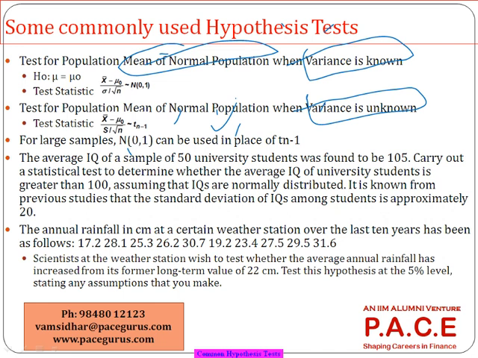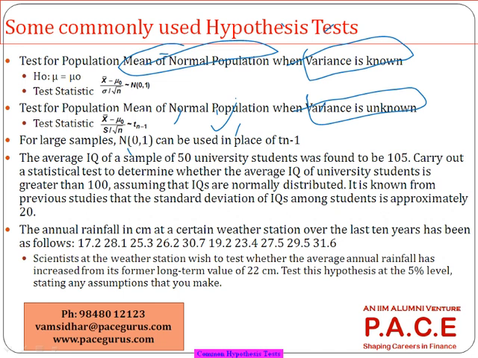So probably a simple statement if I have to make: I want to test whether the mean height of an Indian male is equal to 165 centimeters or not. So that is what I want to test. Forget about whether the variance is known or not known.